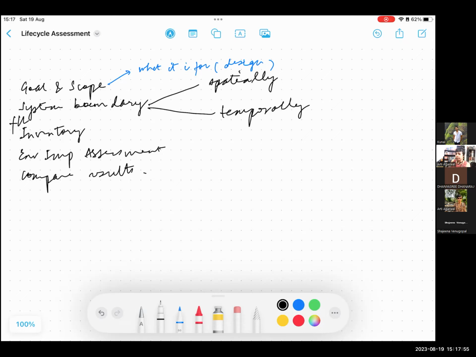Then you can just say that I want to look at the boundary of the system from the time you start procuring the materials till the time it goes back into end of life. So that is the whole picture. I want the whole thing. So in that, what all am I including?